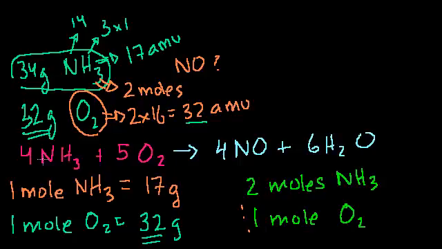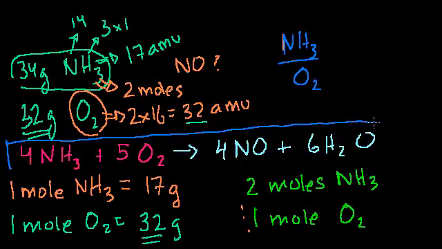In an ideal world, if we had 2 moles of ammonia, we would need 2.5 moles of oxygen, right? The ratio of ammonia, NH3, to oxygen in our balanced equation, let me put that in a square so you know this is the most important part of what I'm writing.